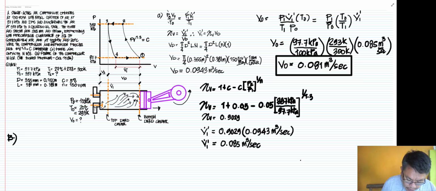So next, the power of the compressor, in units of kilowatt. So this is direct substitution since we already have the properties here.